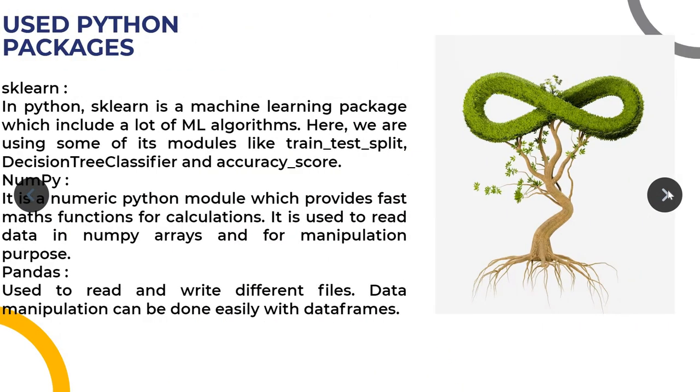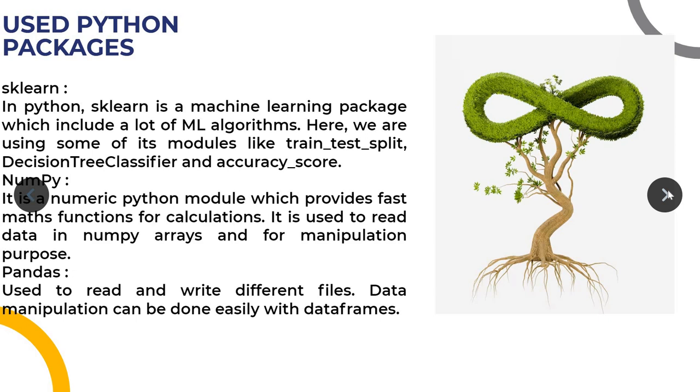Used Python packages. sklearn. In Python, sklearn is a machine learning package which includes a lot of ML algorithms. Here, we are using some of its modules like train_test_split, DecisionTreeClassifier, and accuracy_score. NumPy.